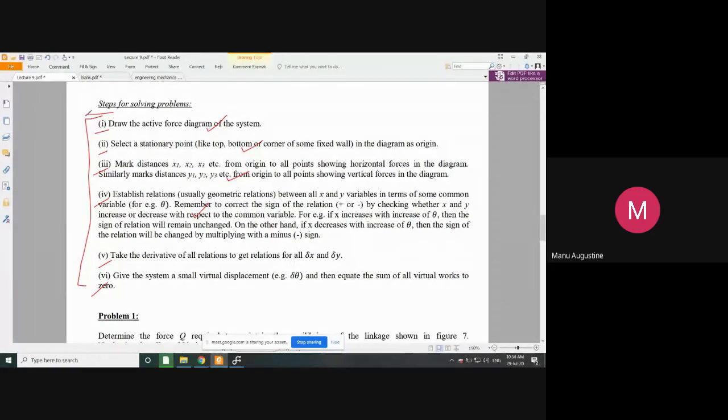And many textbooks don't even give any reason for why work was taken as negative, why work was taken as positive. You will see that despite the force and displacement being in the same direction, in some textbooks the work done is taken as negative, and you will not get any idea why, and you will get confused: Sir told us that this is positive, and the book has taken it as negative.